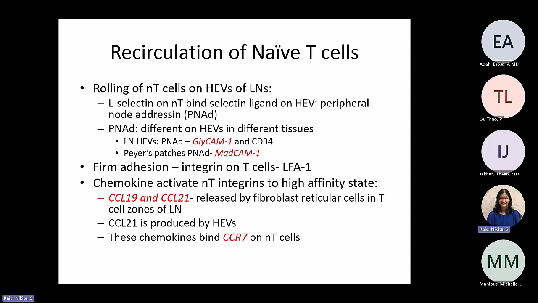They are going to come out of the HEV because L-selectin binds to the peripheral node addressin, and then they are going to move towards a zone where CCR7 can bind to the chemokine produced in the T cell zone.